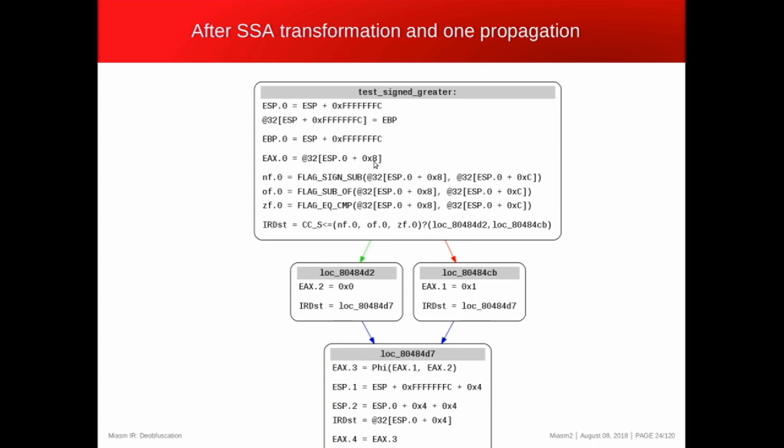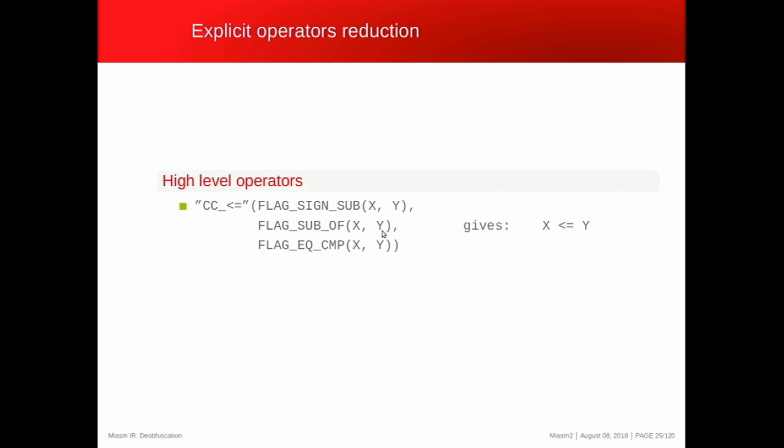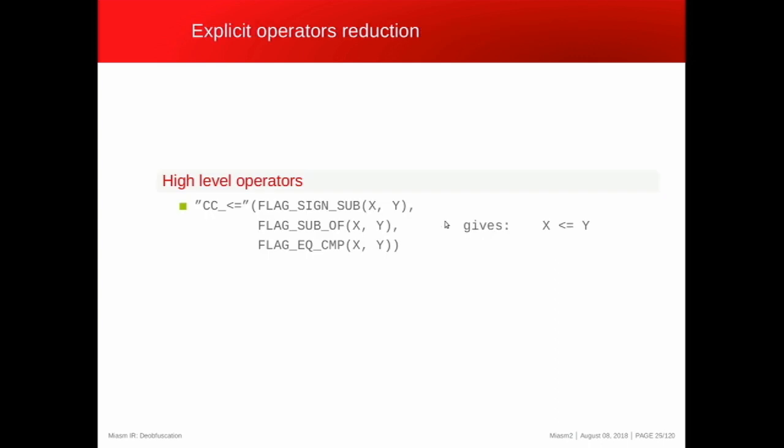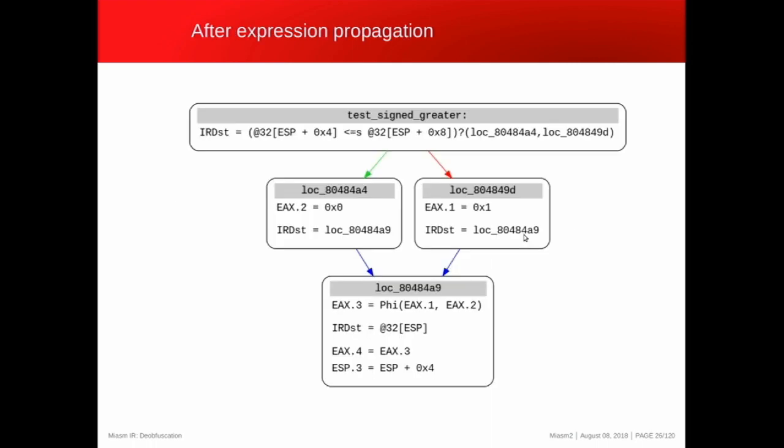This is the first step, and the algorithm tries to find a fixed point. After this, it will try to take those equations and put them here in the ERDST computation. So the operator here will obviously be very, very long. And we have some high-level reduction. For example, here we have a reduction that says that this operator with those sub-arguments can reduce to this simple comparison. Okay? So we have the final code, which is given like this.